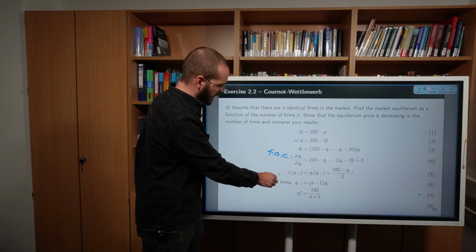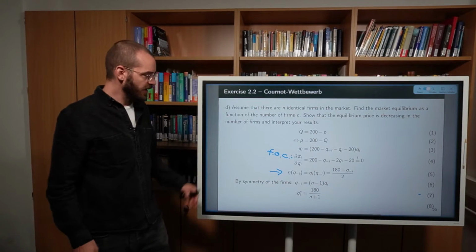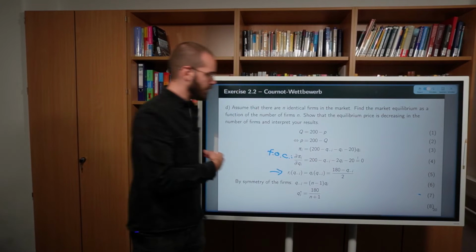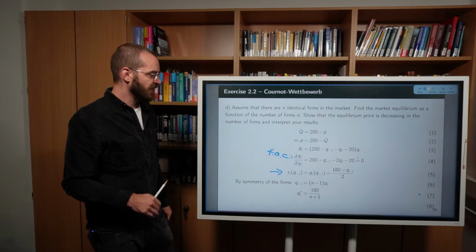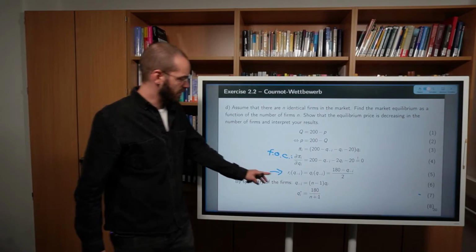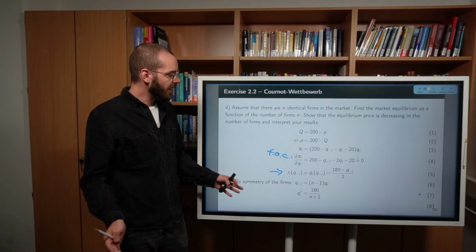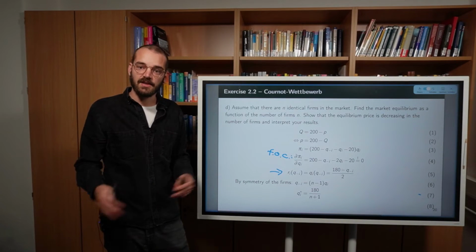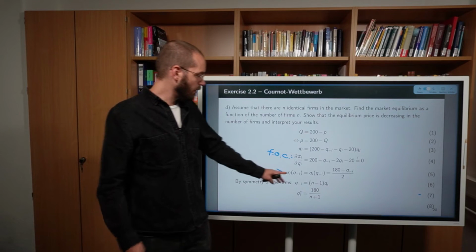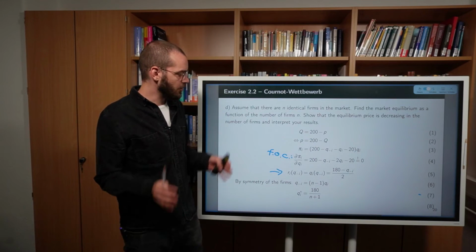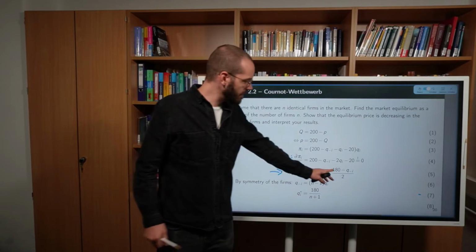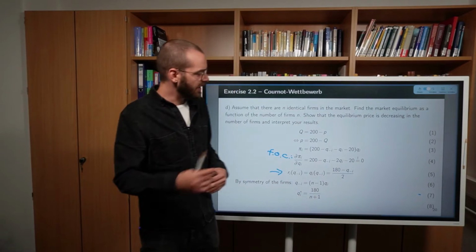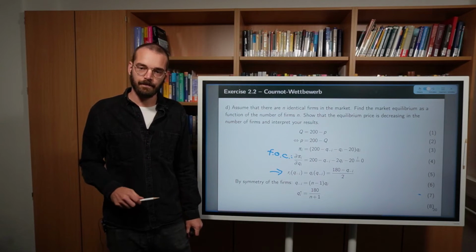So that's what we are doing in this next line. We are simply solving this expression, the first order condition, for Qi. And if we do so, this expression reads reaction function of firm i as a function of Q minus i, so the quantity of all other firms, or in other words, Qi as a function of Q minus i equals 180 minus Q minus i, all divided by 2.